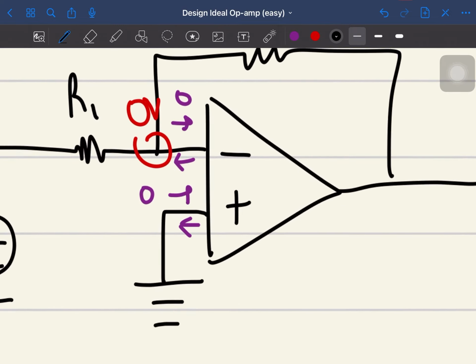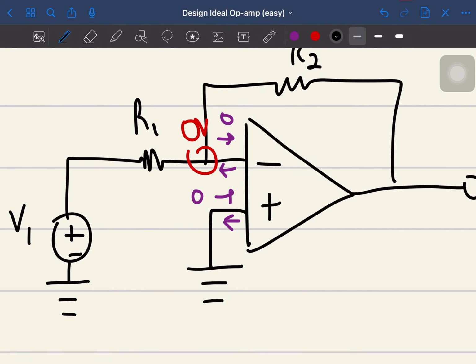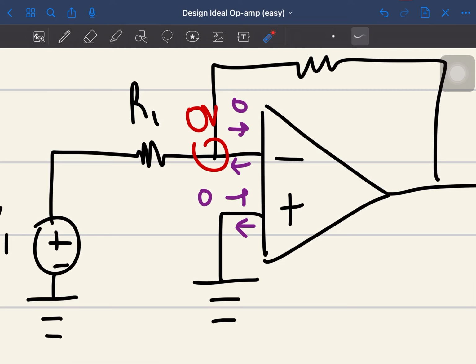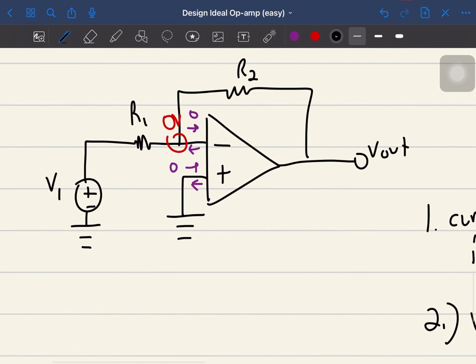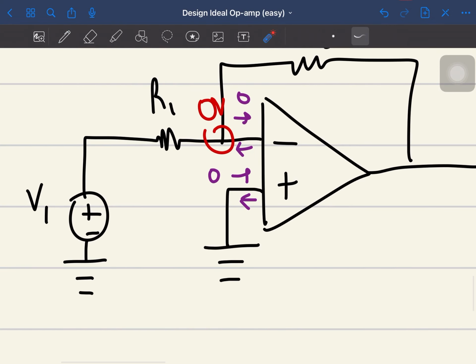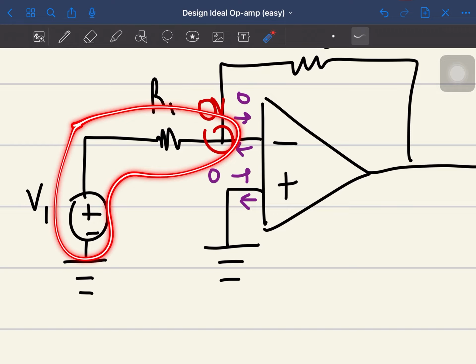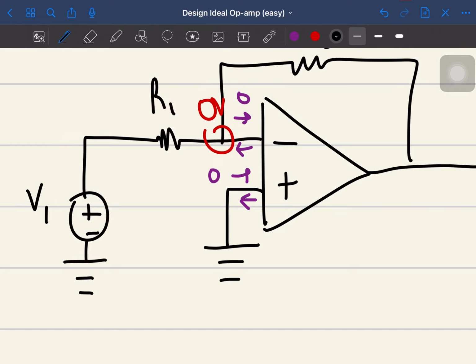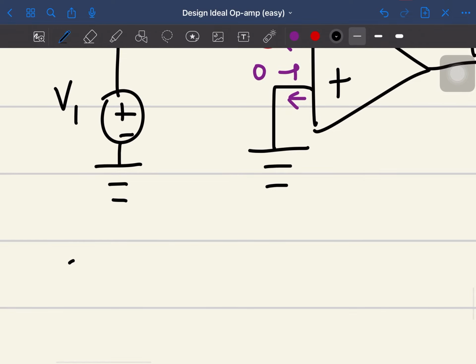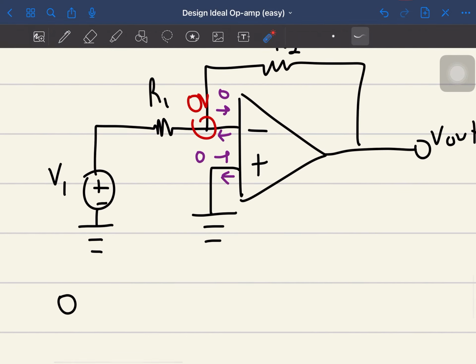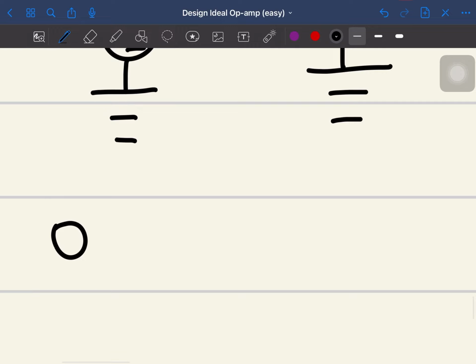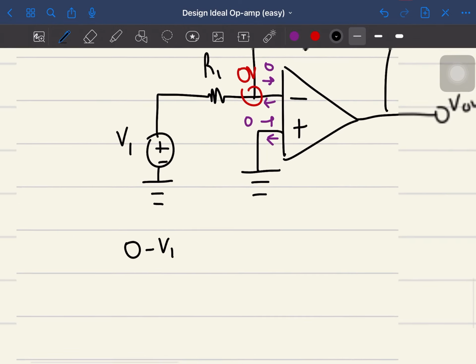So using KCL, we always determine currents that we don't know as going out of the node. So these two currents will be going out. To find the current in this little line, we would do 0, indicating this 0 voltage, minus V1.